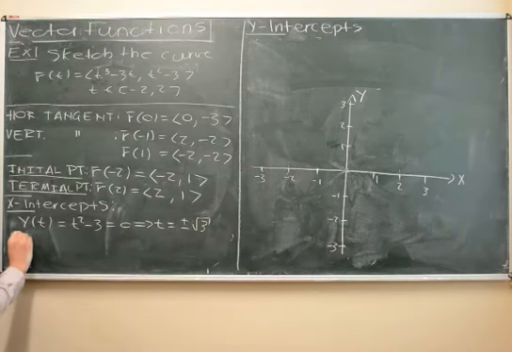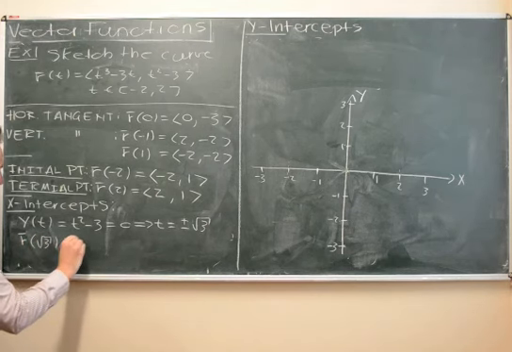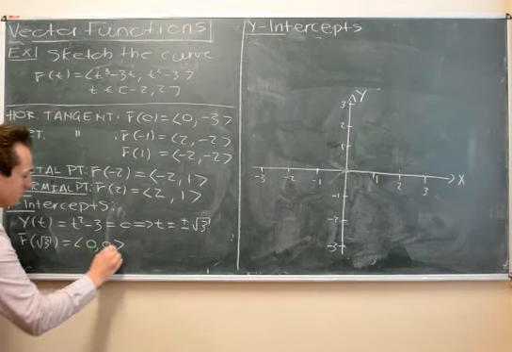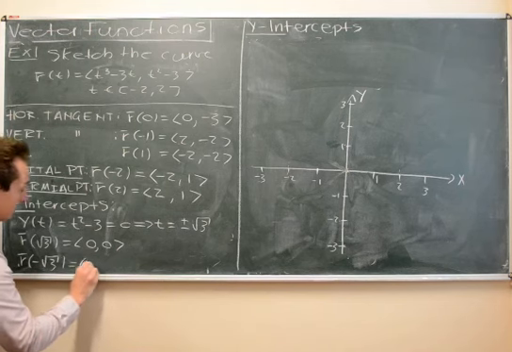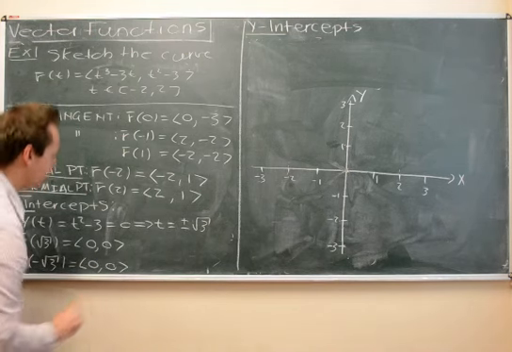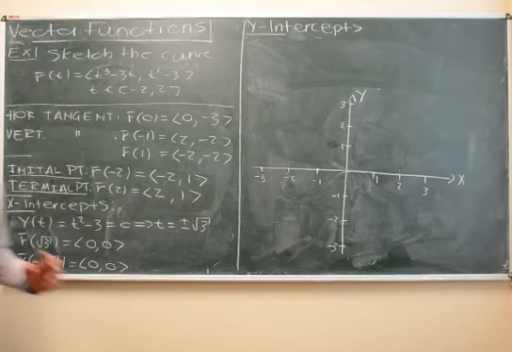If you calculate r of root 3, you get the point (0, 0). And if you calculate r of minus root 3, again you get the point (0, 0). So this curve actually only has one x-intercept. But the curve will go through that point twice, because we have two values of t that give us that same point. So those are the x-intercepts.